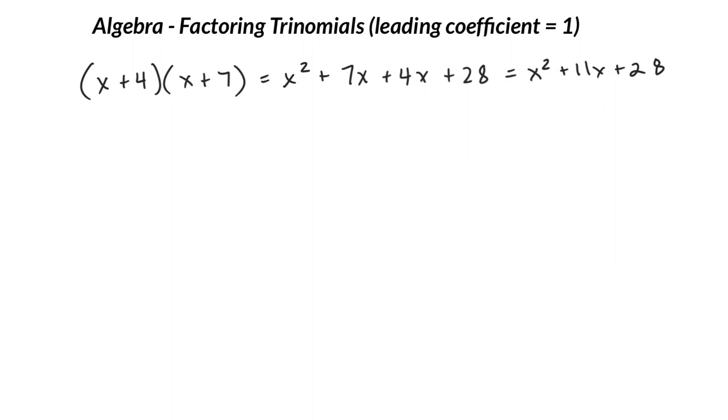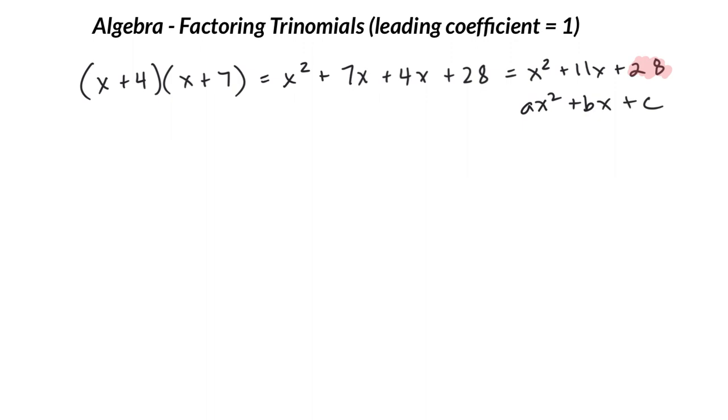But now I want to talk about how we go backwards. And this is actually a pretty easy strategy to come up with. The first thing I would do is I would always look at the last number, in this case 28. We sometimes call that the C value. We'll sometimes generalize a little trinomial like this, where A is the coefficient for x squared, B is the coefficient for x, and C is the number that doesn't have an x with it.